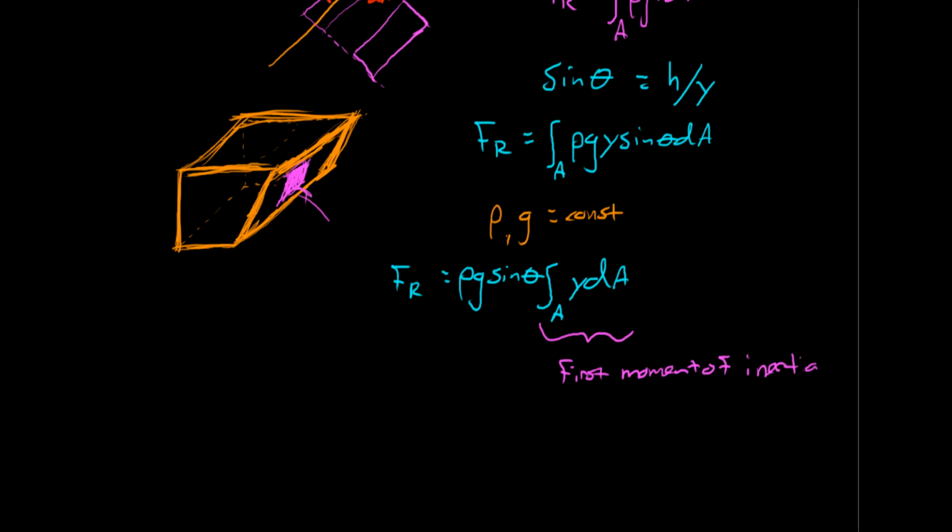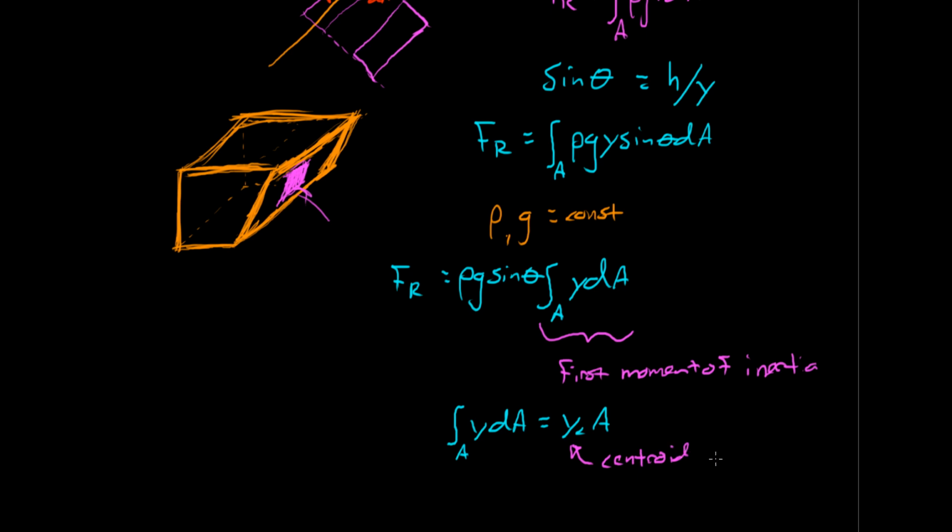And with a little bit of calculus that we're going to skip altogether because you've seen it elsewhere, we can write that that first moment of inertia is equal to yc times the area, where this yc is the location of the centroid.